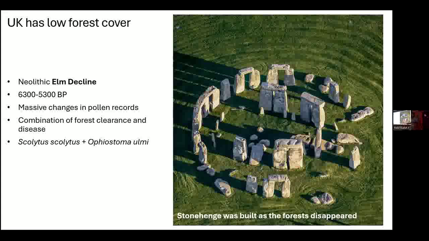Basically, the loss of trees from the UK's ecology, elms in particular, so something called the Neolithic elm decline is very clear in the pollen record. You know, the discovery in the archaeological record of pests like Scolytus, the bark beetle, and Ophiostoma ulmi, the Dutch elm disease pathogen.